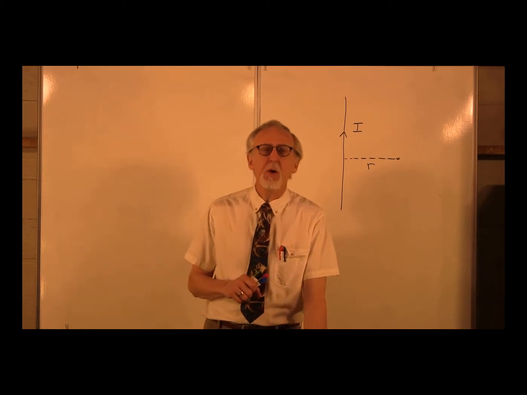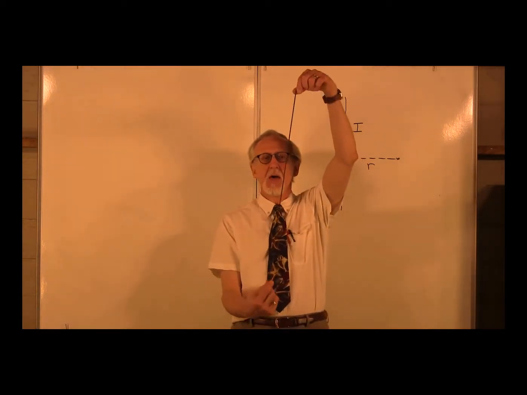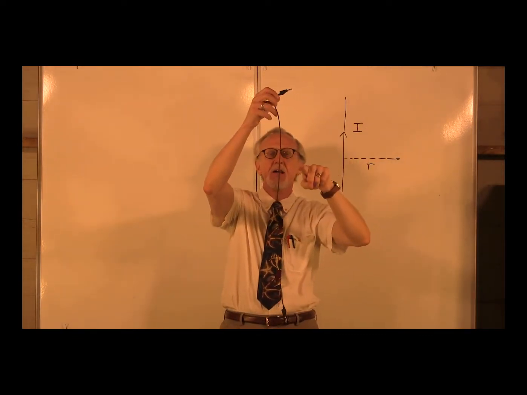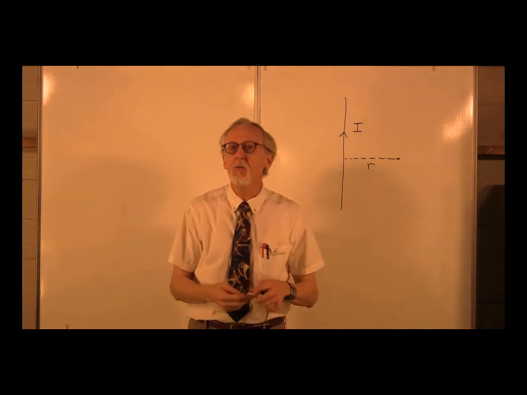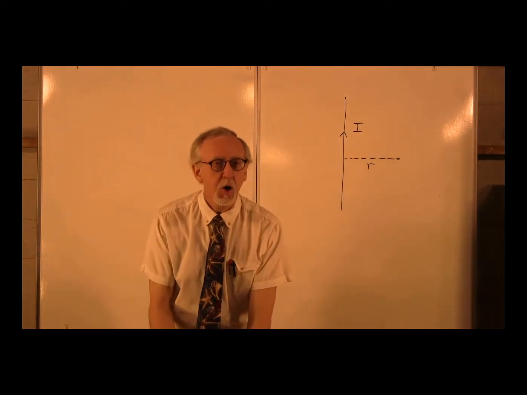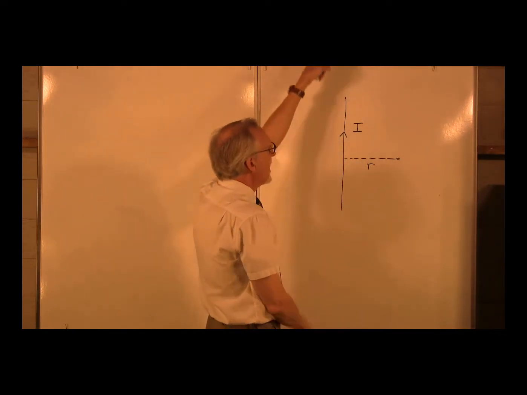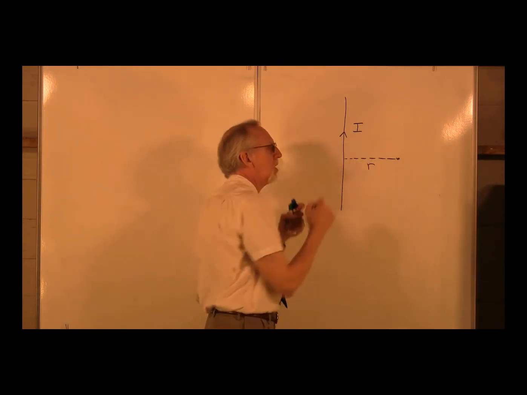We will assume that we have a long, straight wire, and we are looking at some point near the wire. Now, what do we mean by near the wire? How near do we have to be? We have to be near enough to the wire that the length of the wire is much larger than the distance we are from the wire.